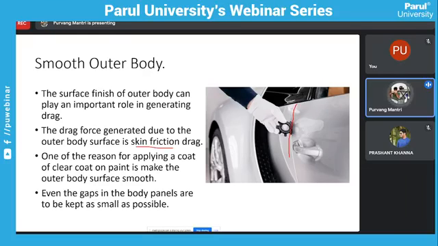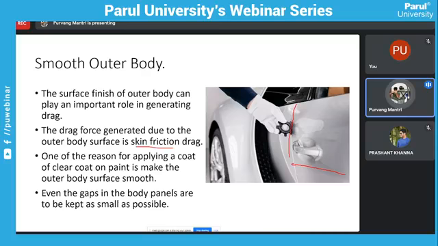So if any air is flowing over this surface, and this gap is a little more, it is going to make that air flow in turbulent fashion, and turbulence will indeed increase the drag resistance on the vehicle. So we try to keep the flow as laminar as possible, and we stay away from turbulent forces.